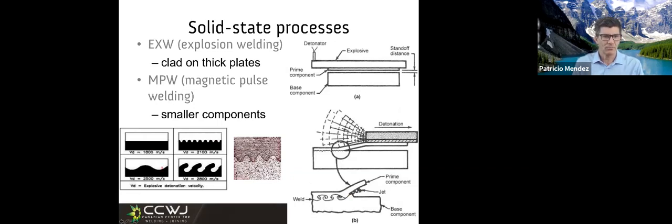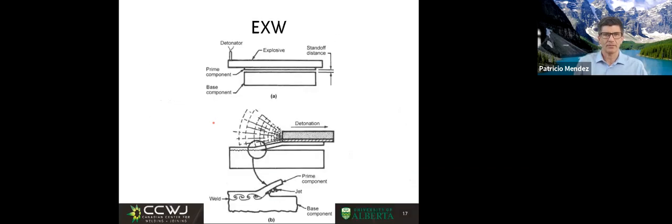As it's faster, you create all these deformations. There is a very similar process that is called magnetic pulse welding, which is for smaller components and is made in the automotive industry, in which you use electromagnetic forces to push the flyer against the base material, and you end up with very, very similar results. A very, very interesting process.